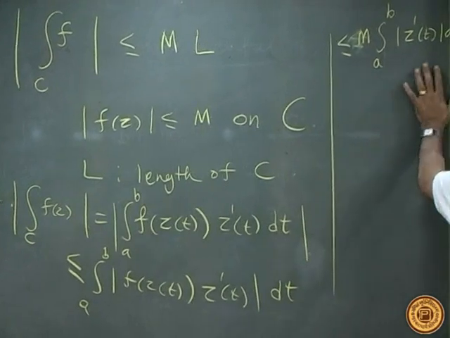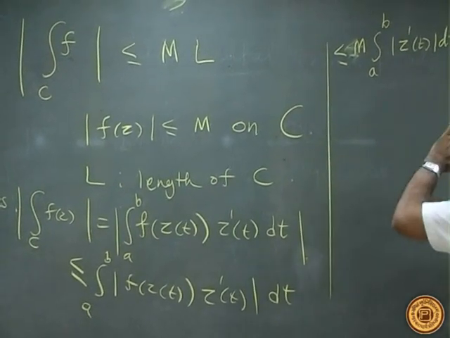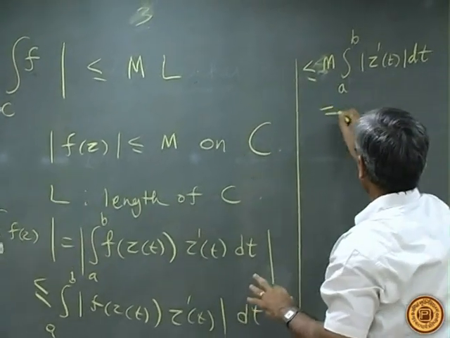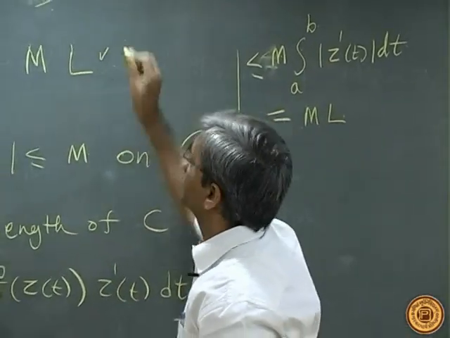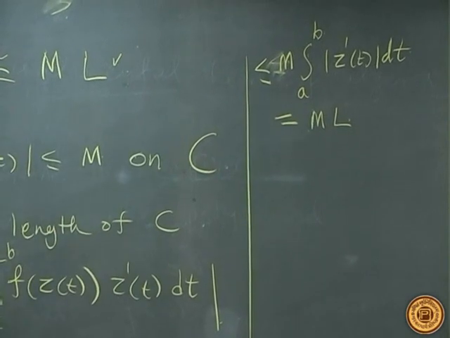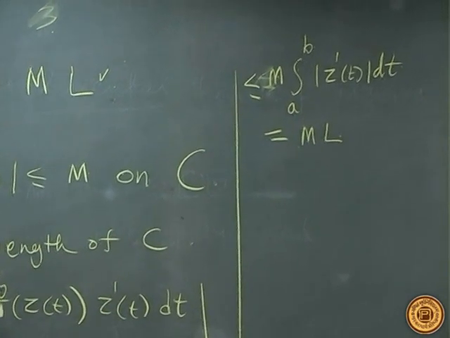But this is exactly the definition of the length of the contour. So, this is equal to M times L. So, this inequality follows. Modulus of the contour integral is less than or equal to this.